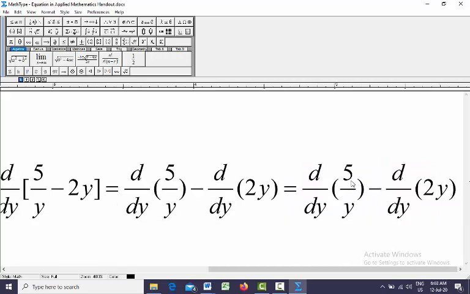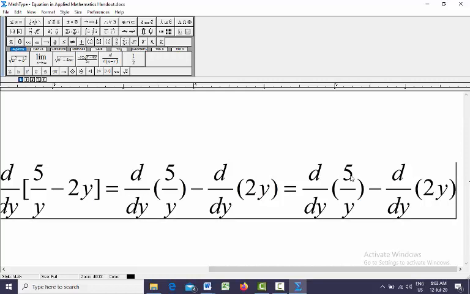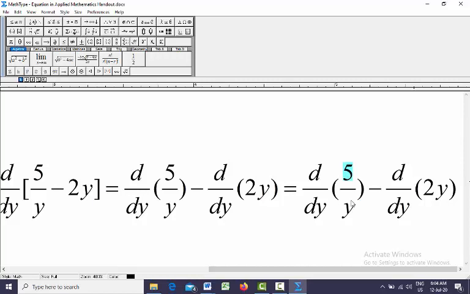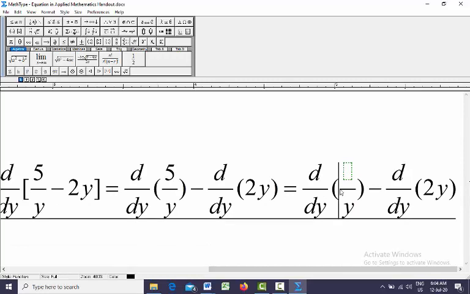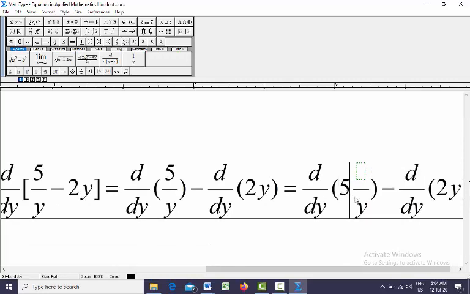As I said before, you need to separate each part first. Now, if you want to do differentiation of these, you need to separate the number from the variable.